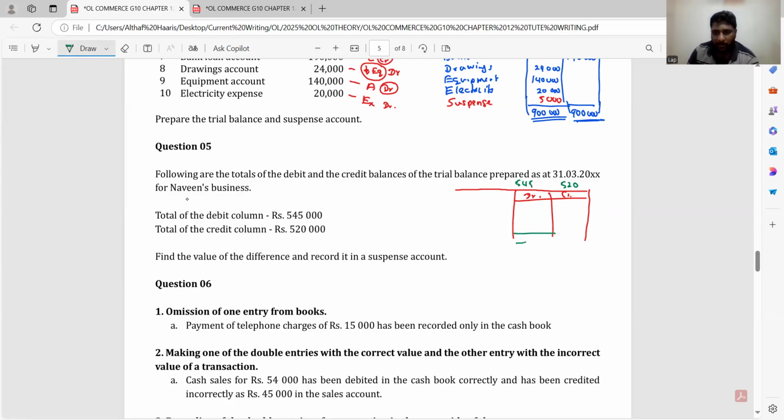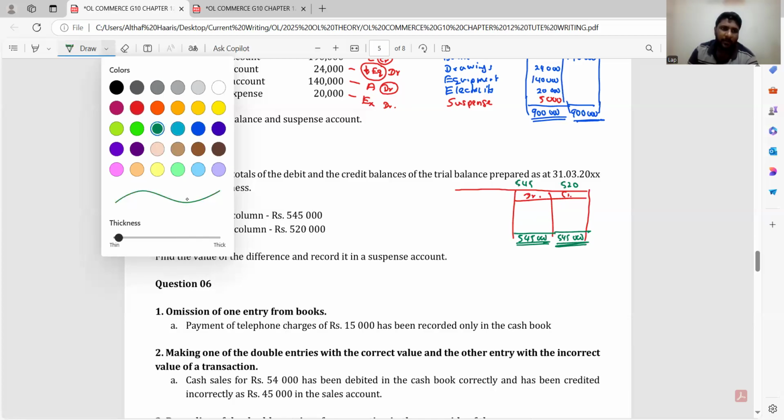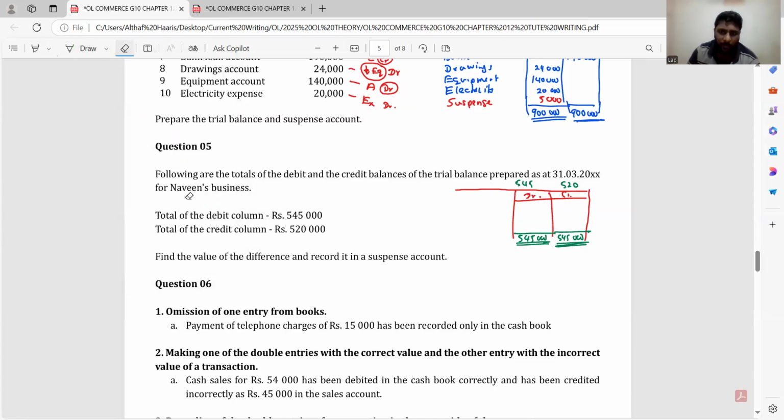So I told you, write the bigger value for both the sides. 545, 545. Now people, on the credit side you have only 520.